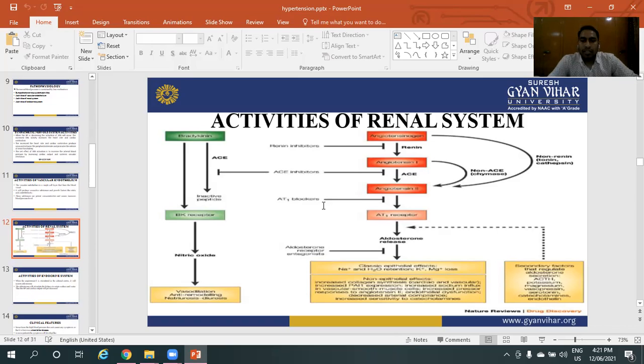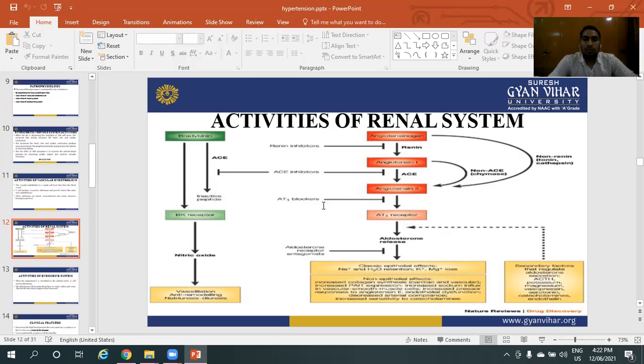Renin is responsible for the conversion of angiotensinogen to angiotensin I, and ACE, angiotensin converting enzyme, is responsible for converting angiotensin I to angiotensin II.